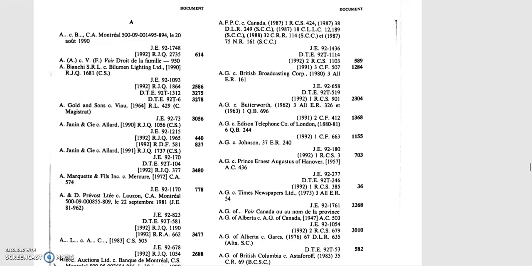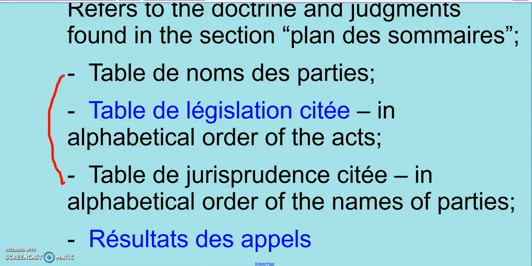So Montreal Tramways has been cited in Morgan Taylor and has been cited in Tremblay contre d'Aigle. Okay, so that just gives you an idea of what we're looking for. If you find a case that you really like, that is really important, and you want to know, well, has this case been talked about or discussed in any other case, you're going to use table de jurisprudence citée.